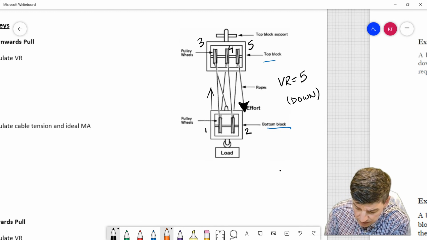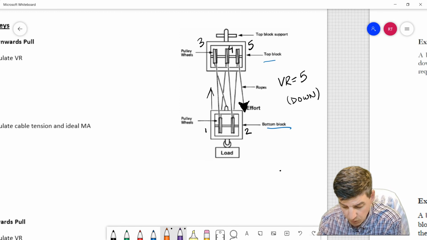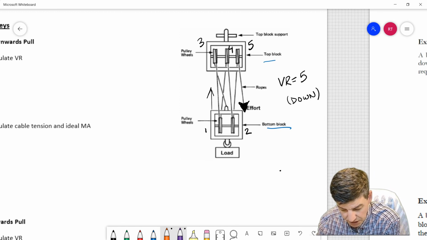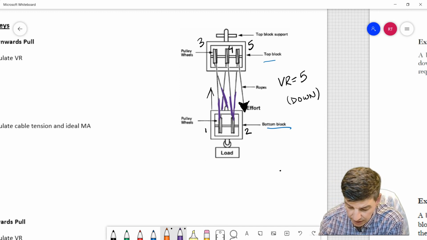The other approach that you could take is to look at the individual strings that are supporting the load under tension. So if we looked at what was holding up the load, we had 1, 2, 3, 4, and 5 sections of string that are directly connected to that load.